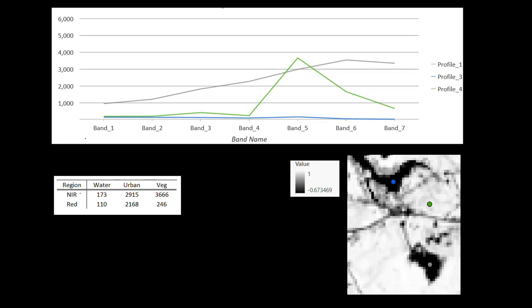Just to recap, the equation is NIR minus red over NIR plus red. This is NDVI. So we need the NIR and the red region.